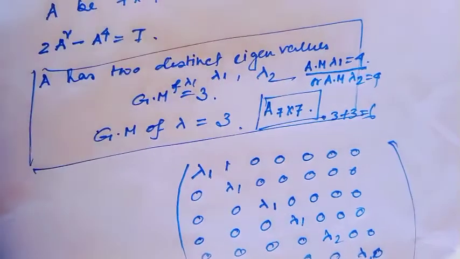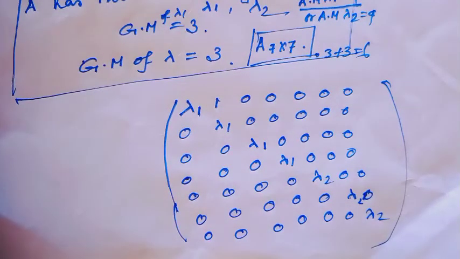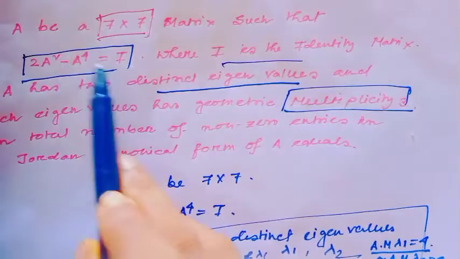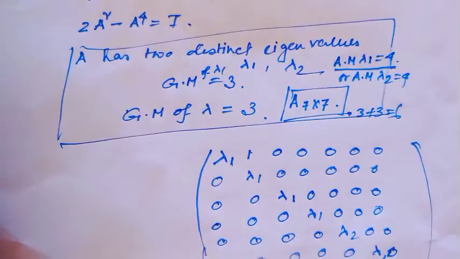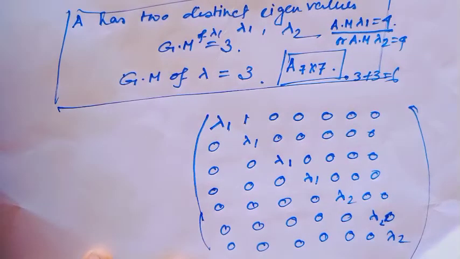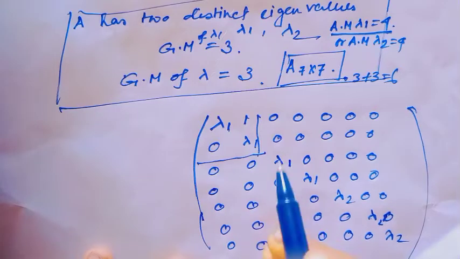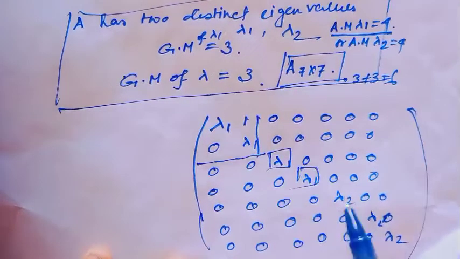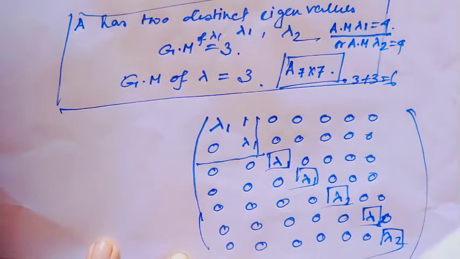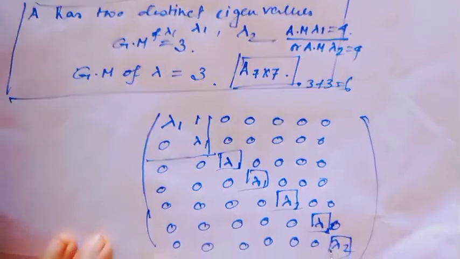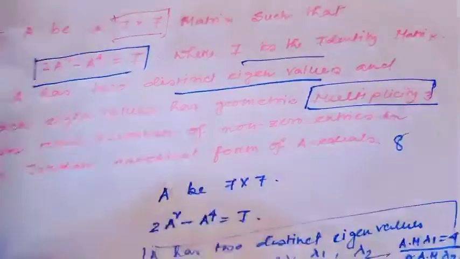This is the Jordan canonical form for this equation. Are you getting it? So notice here there are 2 blocks for lambda 1 and another 1 block, and here these are 3 blocks. So the total number of non-zero entries in the Jordan canonical form would be 8. Are you getting the meaning?